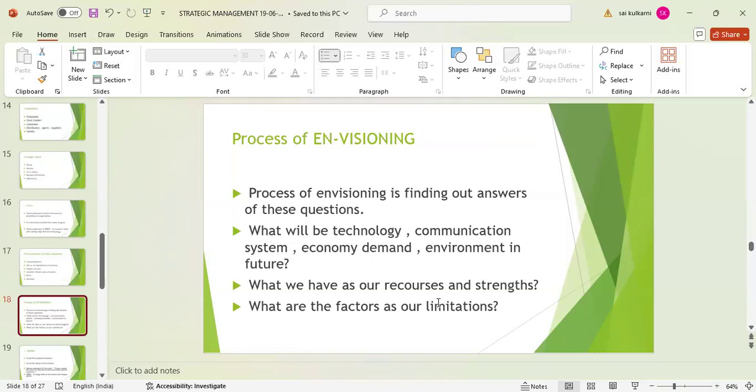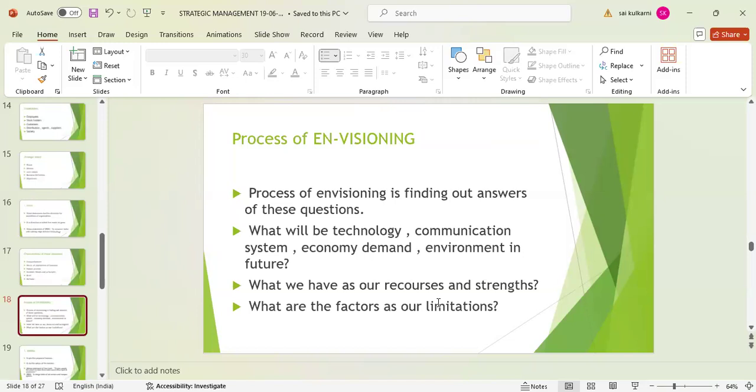So the process of envisioning is like, first of all, study the market scenario, what will be the technology and different environment in the nearer future, and what are your strengths and weaknesses. And according to that, you can create or design the future dream of the organization, and then you can actually implement envisioning.